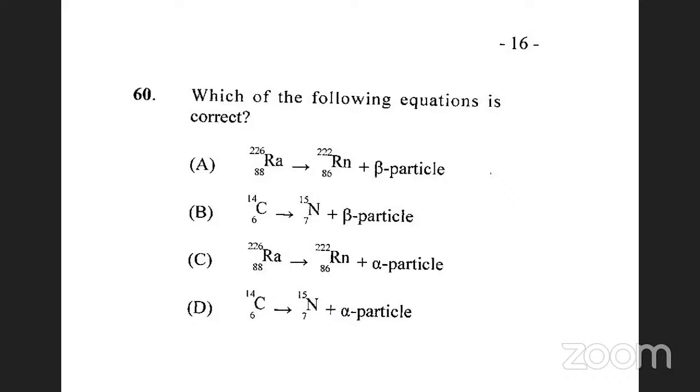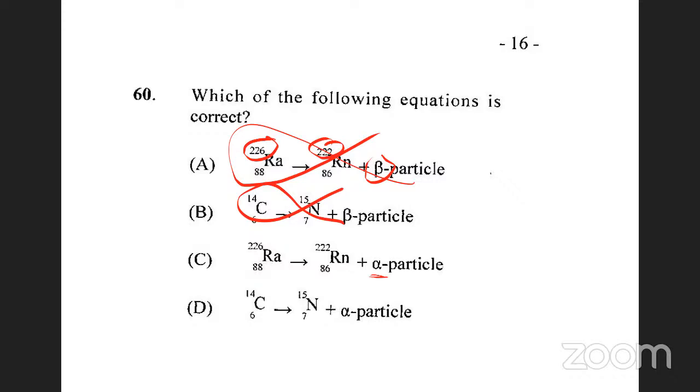So once you lose a beta, the mass number has to stay the same. So that's out. What would happen if you lose an alpha? Shivish, what would happen to the mass number? It jumps by how much?